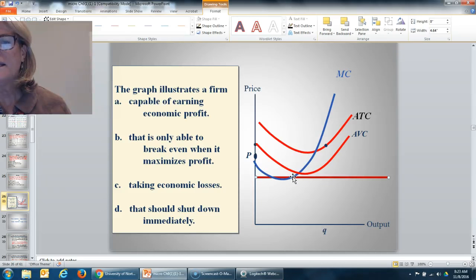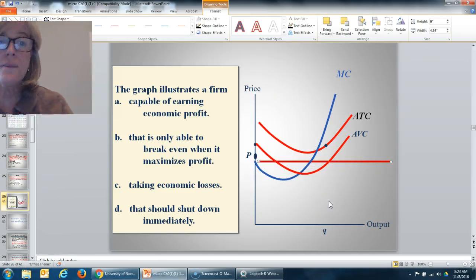And here, variable cost per unit, total cost per unit, it's less. Your price line is less. So you would go out of business. Hope that was helpful a little bit. So we have to do this numerically, graphically, and then also in words.